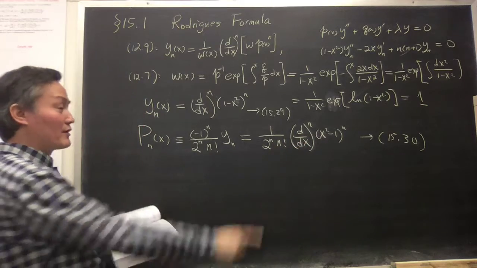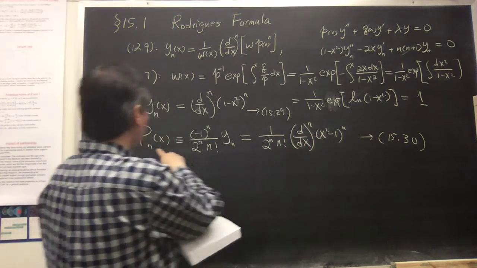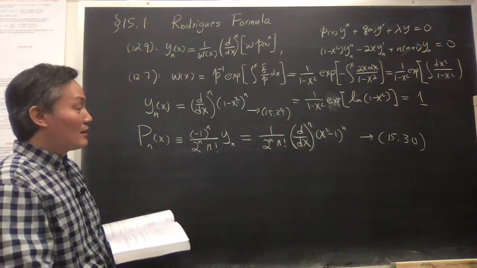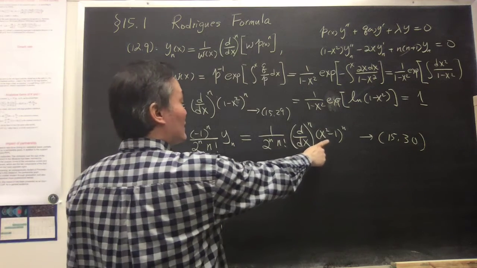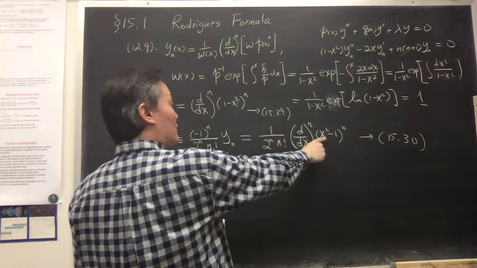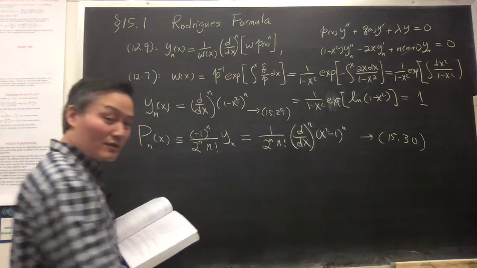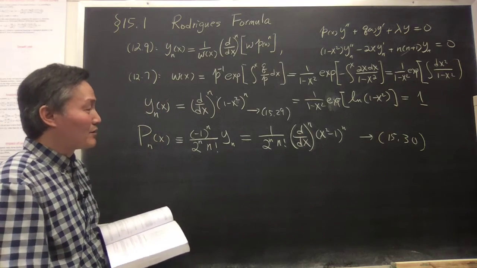All right, and one little check that this gives back the conventional value is the leading order of the polynomial, which is x to the power n. For Pn, the leading order is x to the power n, and we got that by this term, the highest order x to the 2n power, and you take the nth derivative, you reduce it back to x to the power n.